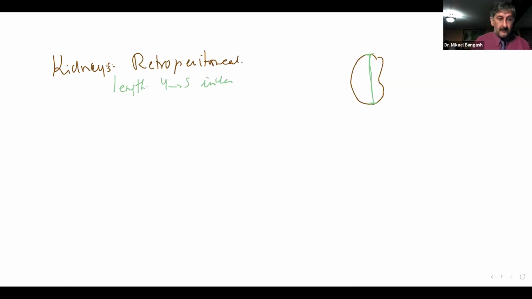The next dimension of the kidney is this, which we'll call the width. And that's going to be between 2 to 3 inches.